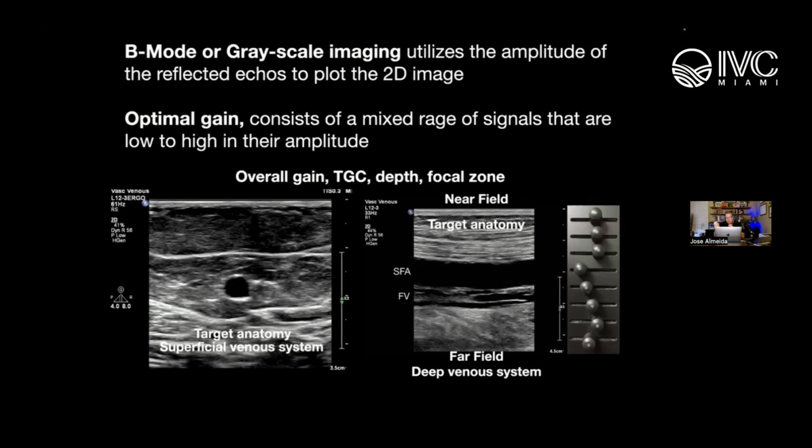There's the typical linear, 7 to 10 we would use for the saphenous, and then a convex or curvilinear probe that's 2 to 8, or I'm blocking on the numbers now, but you need to change the actual probe to generate a lower frequency to go deeper.